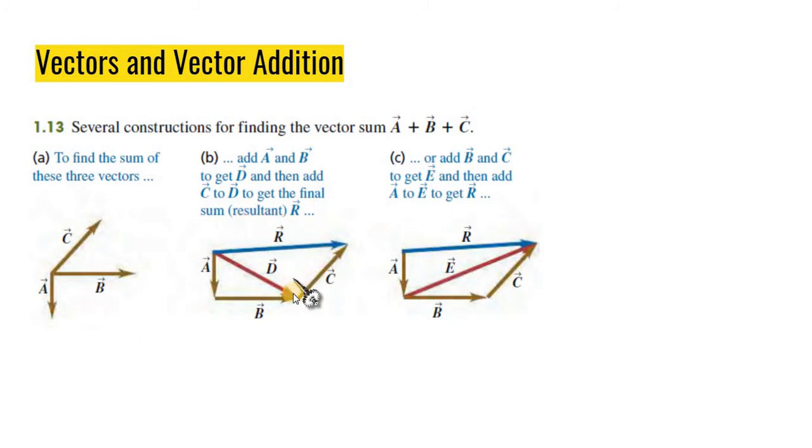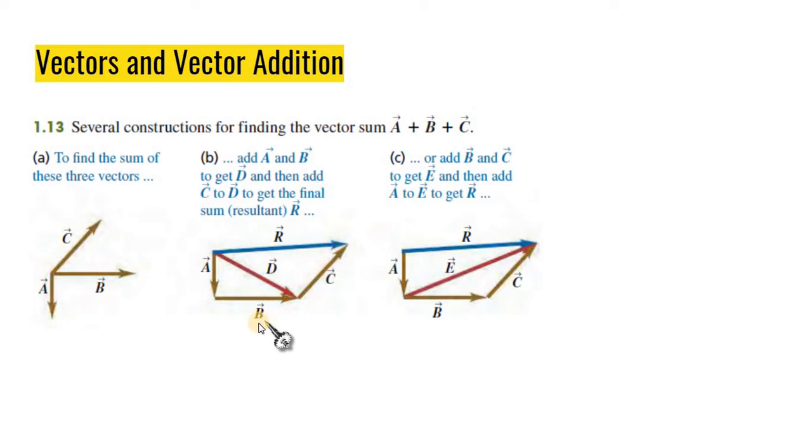So the way here is you add first vector A and vector B. After adding, you get the result, vector D. Once you get vector D, you add it to vector C. So vector D plus vector C equals vector R, or the resultant vector.